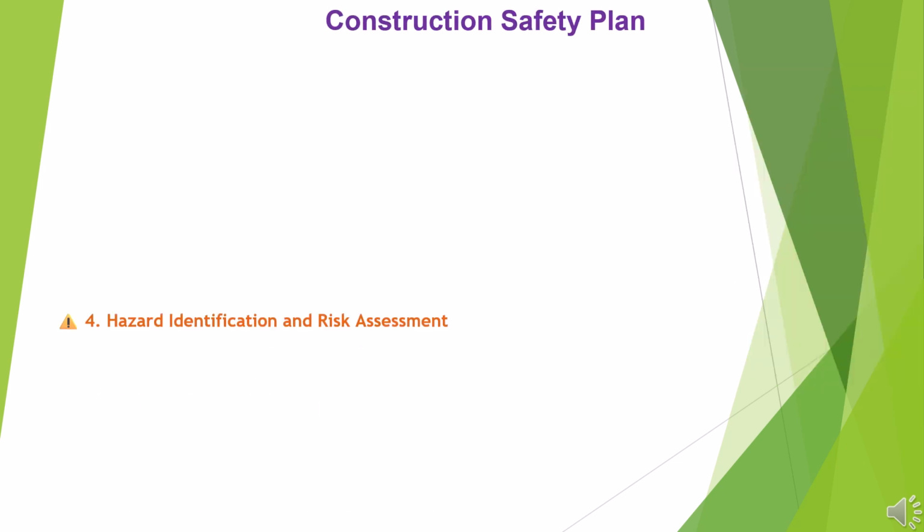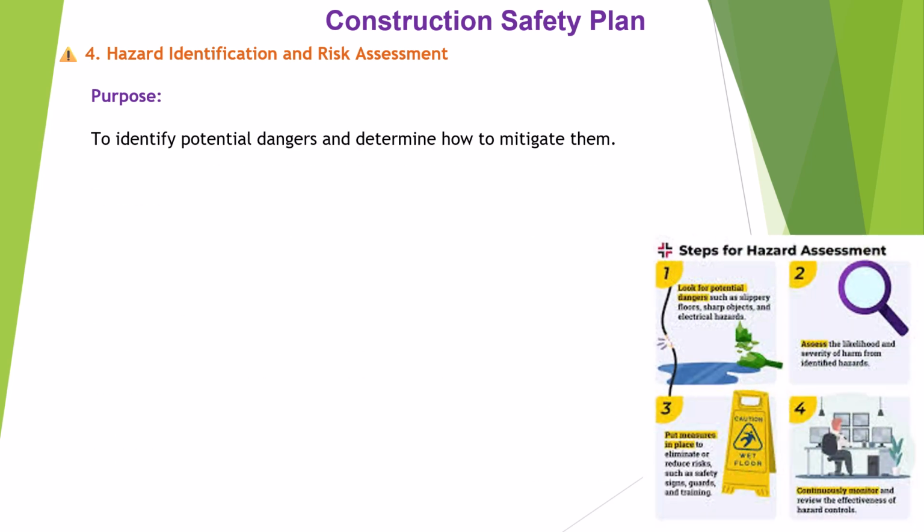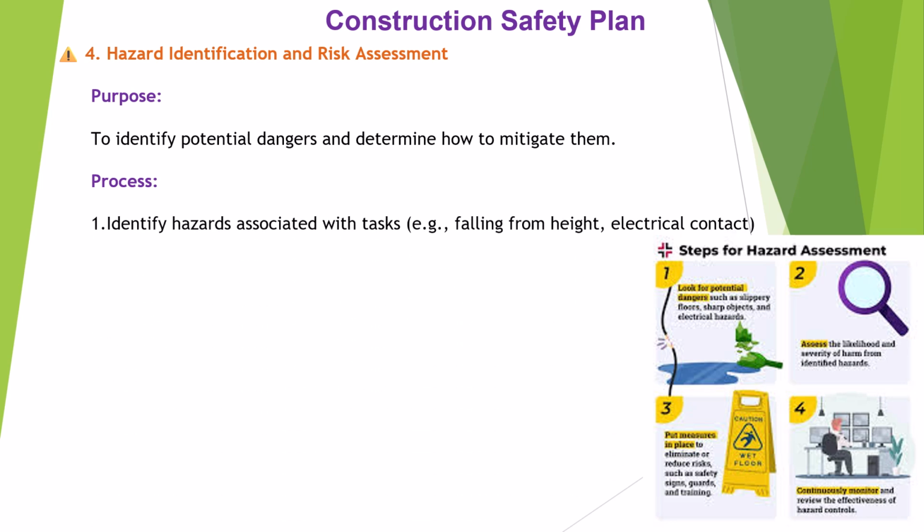4. Hazard identification and risk assessment. Purpose: to identify potential dangers and determine how to mitigate them. Process: identify hazards associated with tasks, e.g. falling from height, electrical contact. Assess the likelihood and consequences.